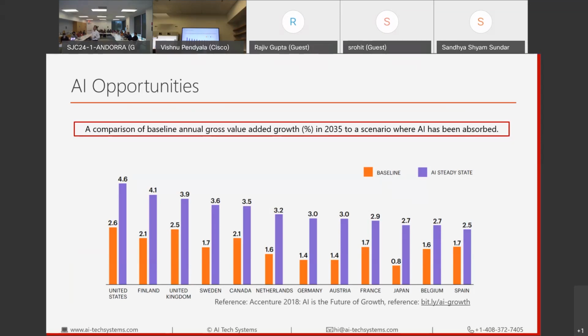So baseline is your orange, where the country is growing at a certain rate, and how it will grow without AI and with AI. So if you happen to ignore the usage of AI in your industry, countrywide, this is a macro trend worldwide, then you are anywhere from 30% to almost 200% lower in your GDP.